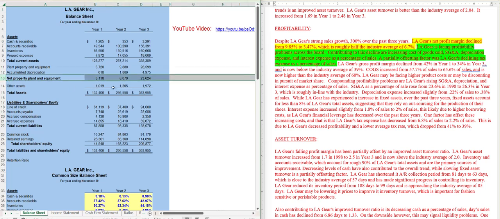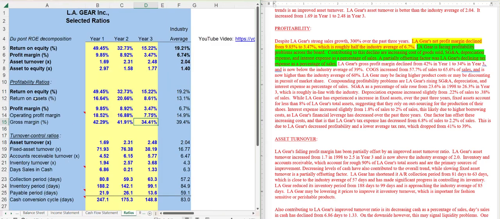It went from 3,000 to 23,000. So sales tripled, but plant, property, equipment went up almost eightfold. And we also saw that with our fixed asset turnover ratio. We were generating 71 cents in sales for every dollar in fixed assets. Now it's 38 cents. So higher fixed assets would explain an increase in depreciation expense as a percentage of sales.